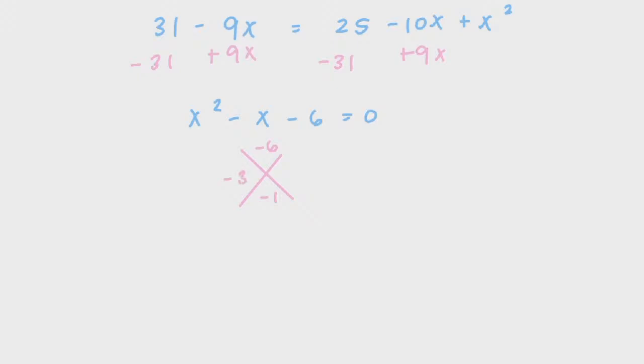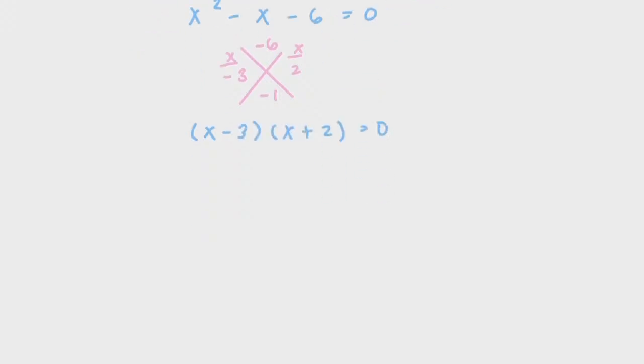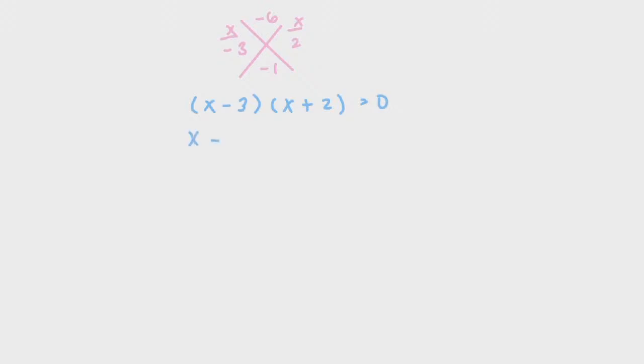That's going to be negative 3 and 2. So on the top is x. So we have x minus 3 times x plus 2 equals 0. And we're going to set each factor equal to 0. So x minus 3 equals 0 and x plus 2 equals 0. So we get x equals 3 and x equals negative 2.